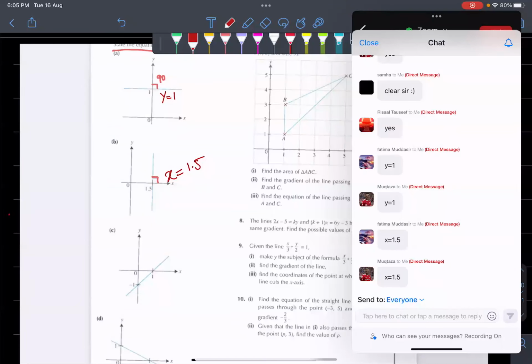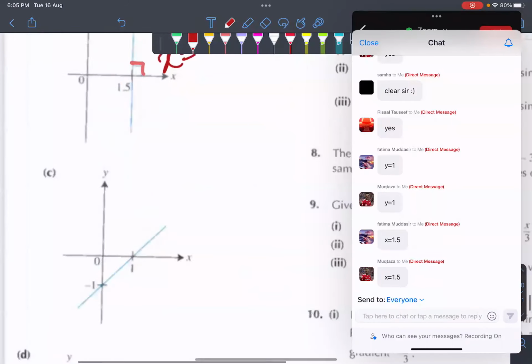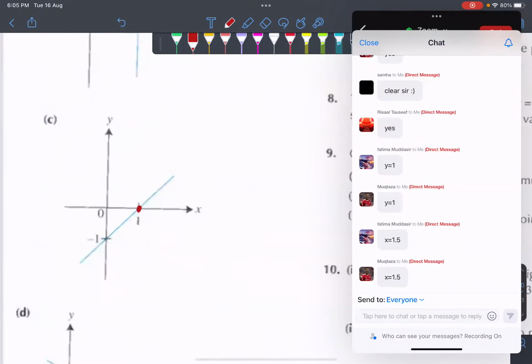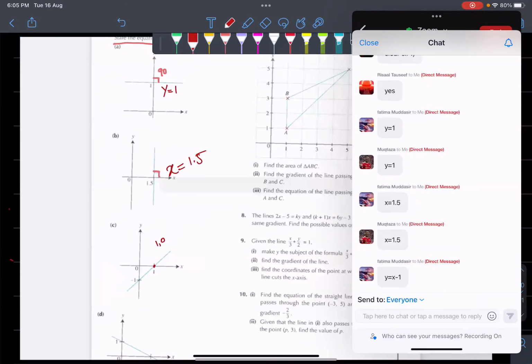Now we will need to find the gradient and the y-intercept. For part C, if you look at this coordinate, x is 1 and y is 0 because it's on the x-axis. For this point, x is 0, y is -1. Any questions?